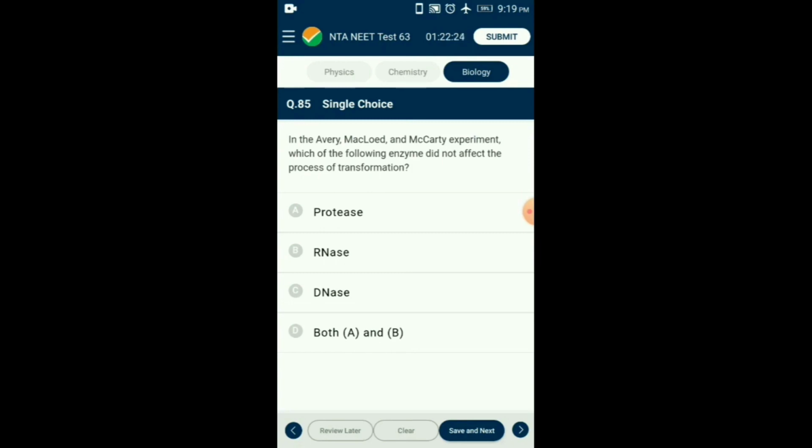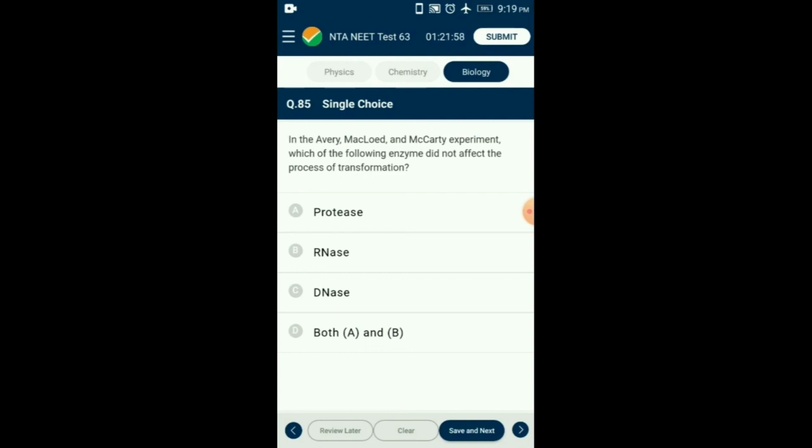They discovered that DNA alone from S cell bacteria caused R bacteria to become transformed. They also discovered that the protein-digesting enzymes proteases and the RNA-digesting enzymes RNases did not affect transformation. So the transforming substance was not a protein or RNA.